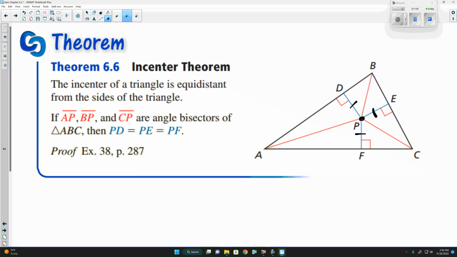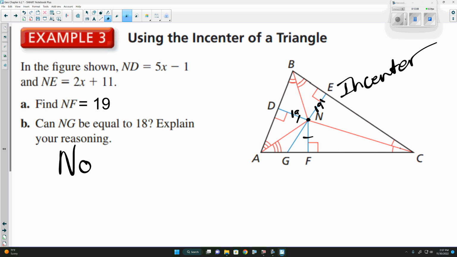And part of the reason is also it's angle bisector. So if we know that these bisect the angle, it's also telling us that this here is an incenter. Incenter means that it's equidistant from the sides. So since we know that NF in the last one, this is still the same triangle, was 19, these three have to be 19.